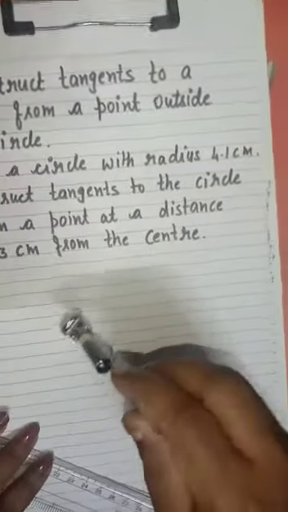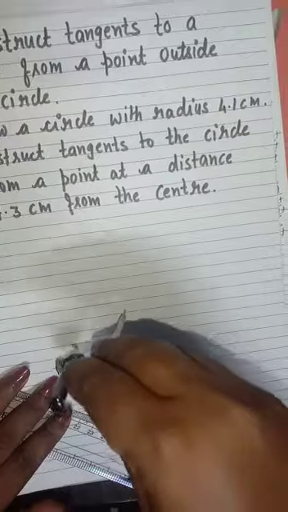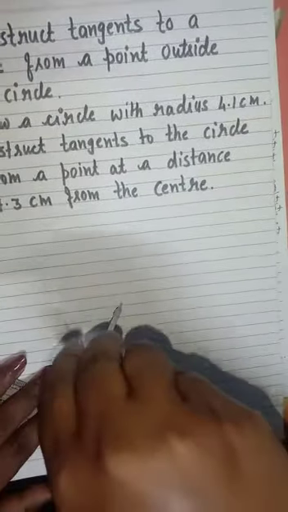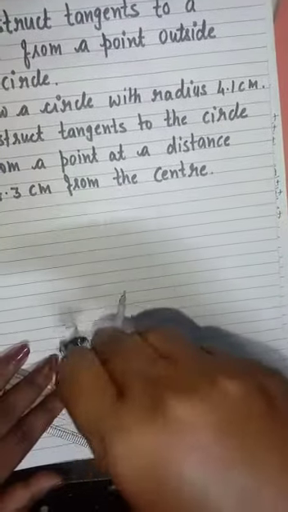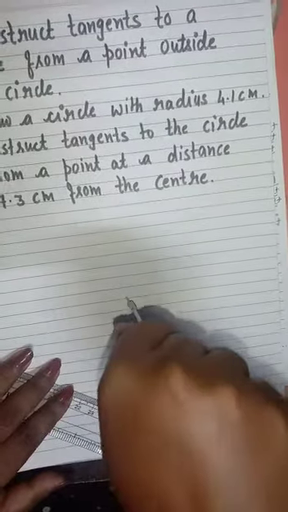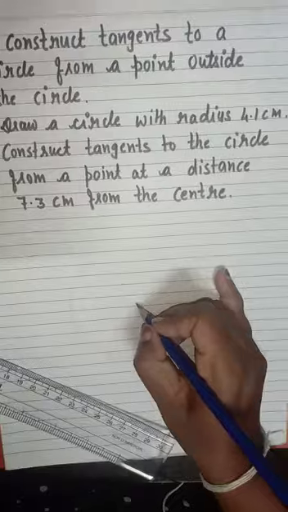Now I'll keep the still point of the compass in one place and draw the circle of radius 4.1. So this is the center of the circle.